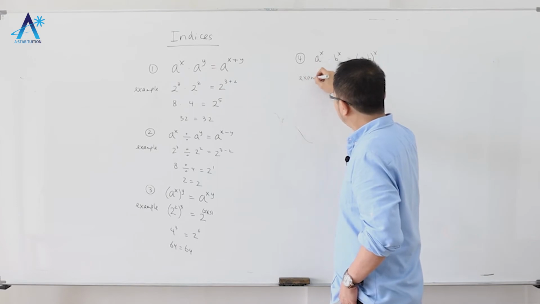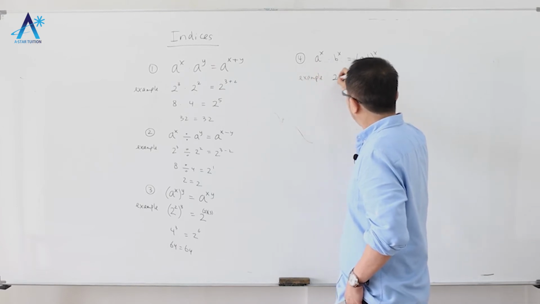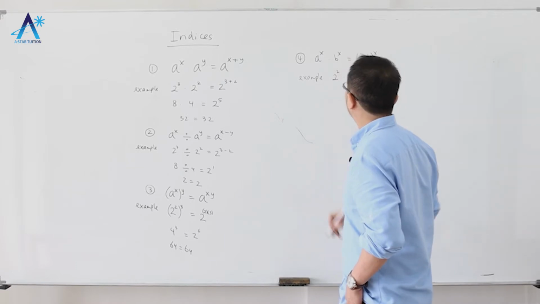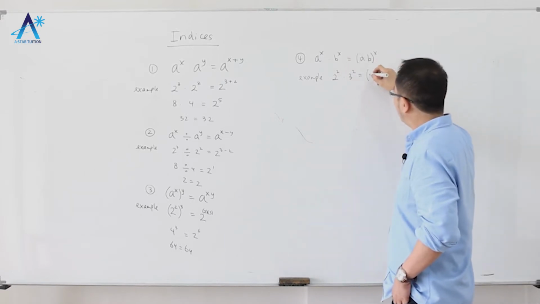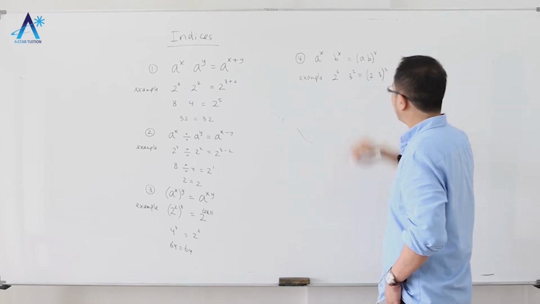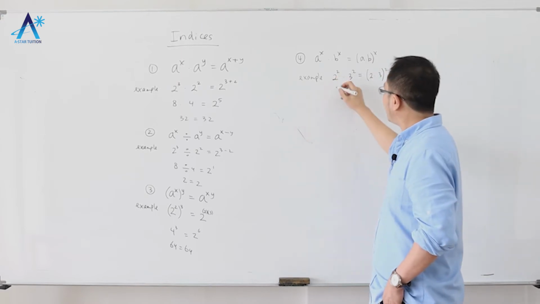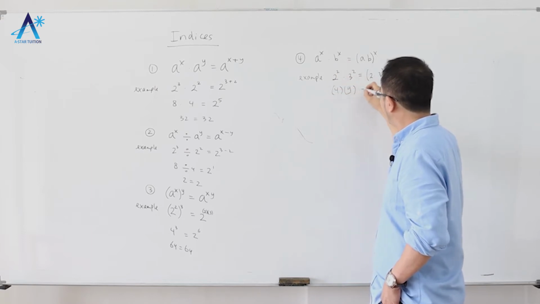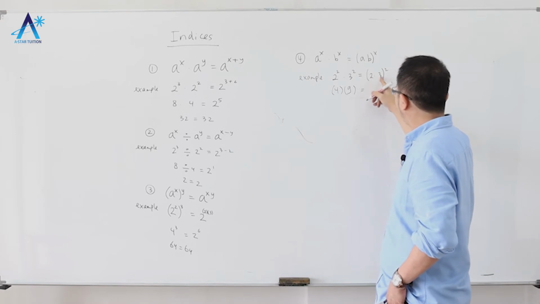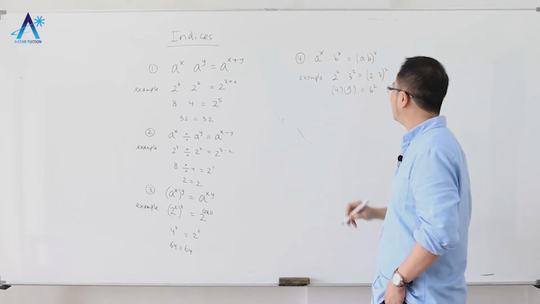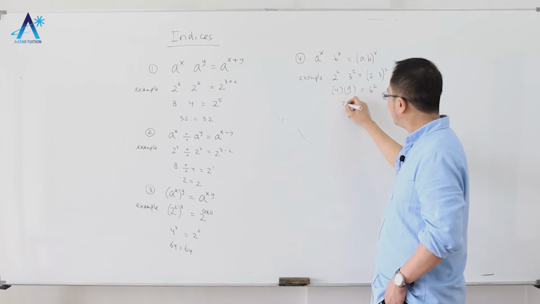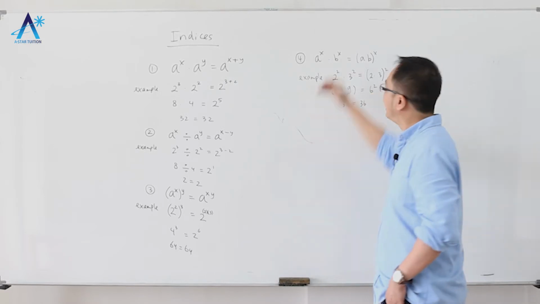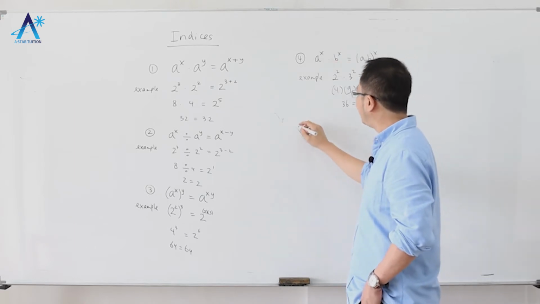Example, 2 to the power of 2 multiplied by 3 to the power of 2, which is equal to 2 times 3 squared here. 2 squared is equal to 4 and 3 squared is equal to 9. On the right hand side we have 6 squared. 4 times 9 is equal to 36 and 6 squared is equal to 36. Therefore, rule number 4 has been verified.